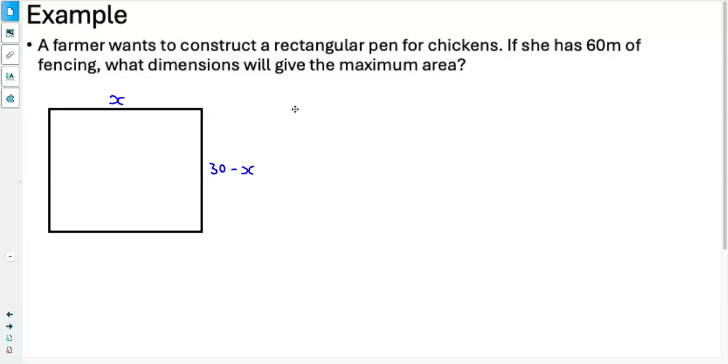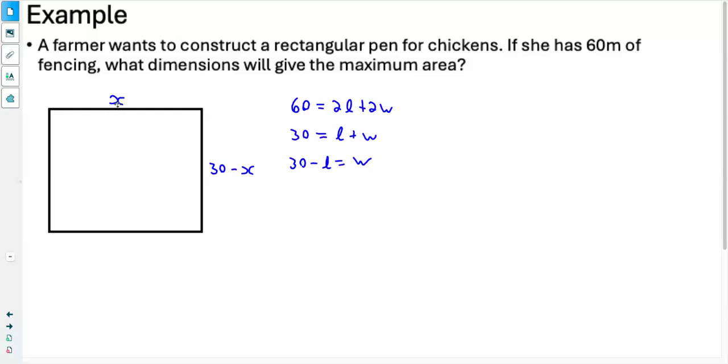Or alternatively, writing it out a different way, we could say 60 is equal to 2 times our length plus 2 times our width. We divide everything by 2, that gives us 30 is equal to our length plus our width, or 30 minus our length equals our width, which is essentially what we have here.